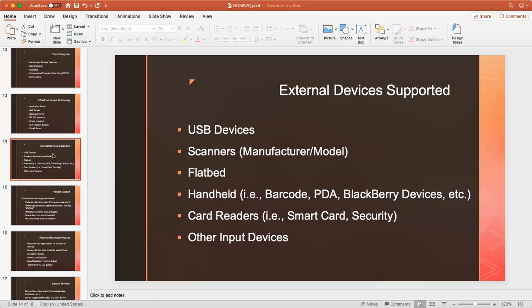Is that a good idea, especially for administration of medication? Do you need scanners for conversion of paper to the system? Do you need a way to copy the patient's picture with a photo ID, as well as card readers and other input devices?